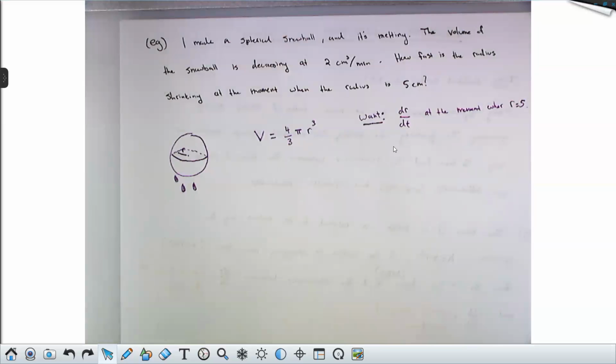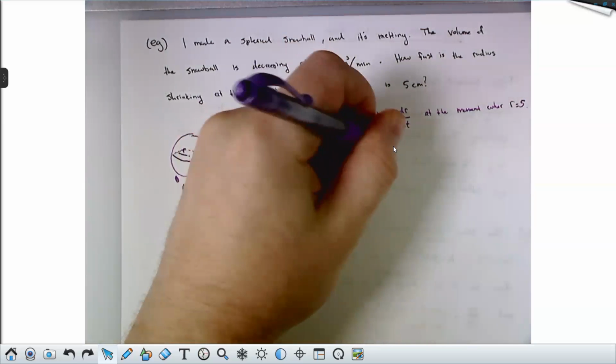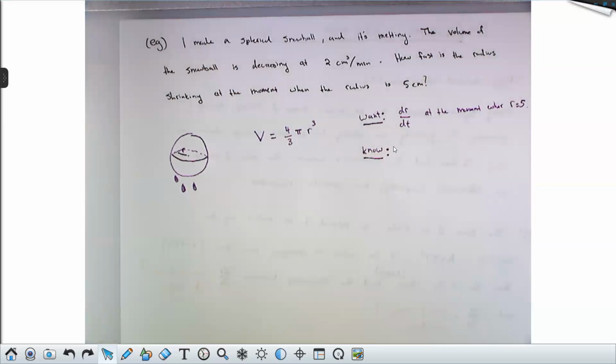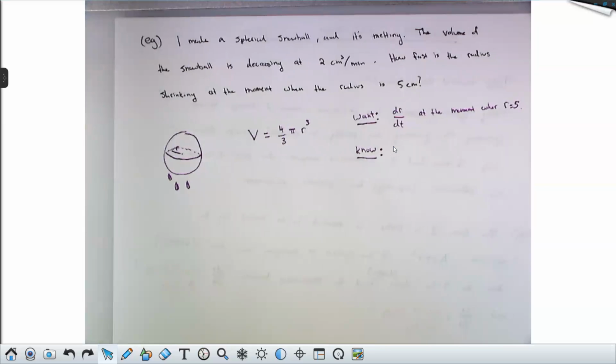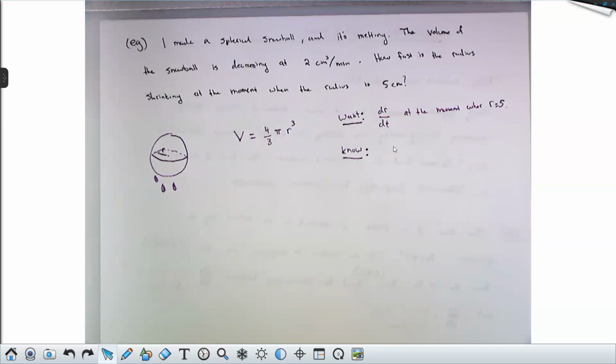What do I know? Well, in addition to this volume relation, V equals 4/3 pi r cubed, does the problem tell me anything else, specifically about rates of change? Can anybody tell me another rate of change that is given to me by this problem? The volume's changing by 2 centimeters per minute.